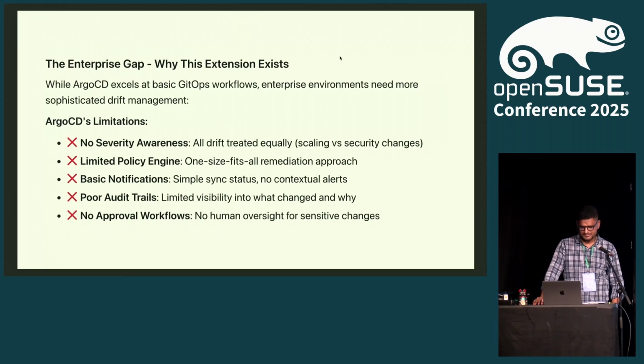The policy engine has a one-size-fits-all remediation approach. Right now there are improvements for it, but I will show you what they are. The notifications are pretty basic, and it doesn't leave a proper audit trail. And the approval workflows are not so elegant right now.